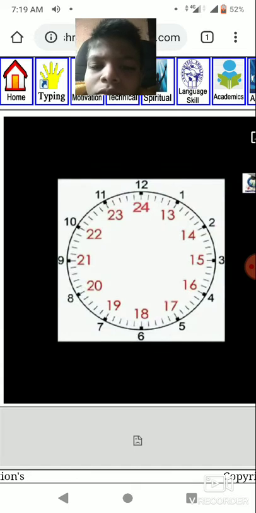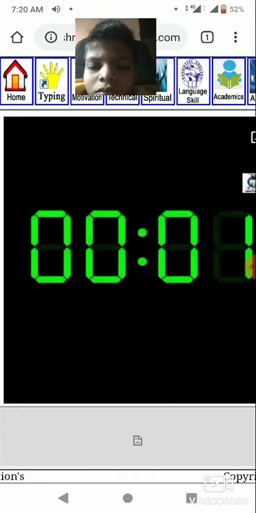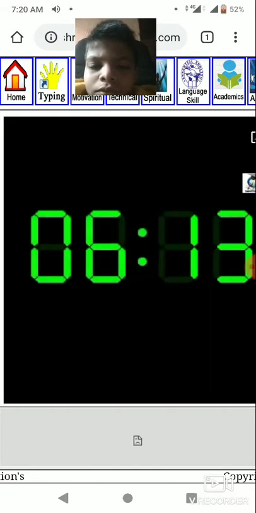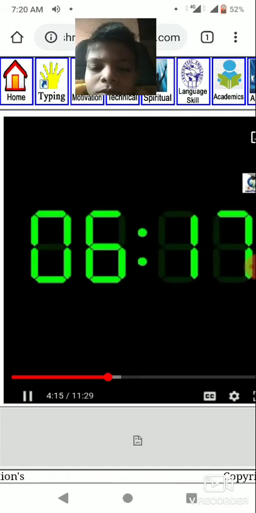In this method, instead of starting again from 1, 2, 3 after 12 noon, we continue with 13, 14, 15, up to 24. In a 24-hour digital watch, time is shown only in the form of numbers. It does not have hands.